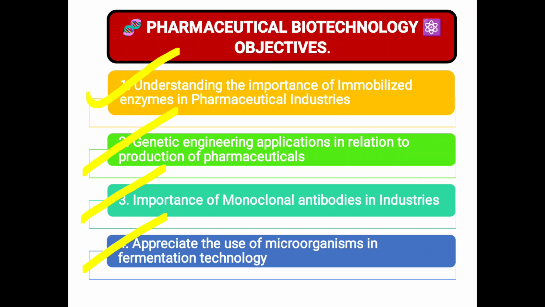This technology repairs defective genes in human cells. Monoclonal antibodies such as rituximab are anti-cancer, and microorganism fermentation technology is used for development of various beverages, as well as antibiotics, vitamins, and amino acids.